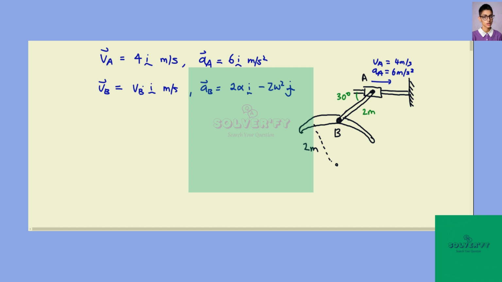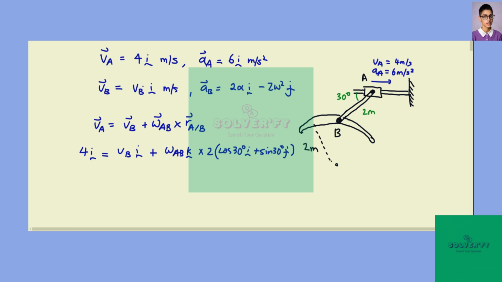Right, so let's first work on velocity. VA is equal to VB plus omega AB cross rA relative to B. So we have 4i equal to VB i plus omega AB in the k direction cross 2 times (cosine 30 degrees i plus sine 30 degrees j), which is minus i plus root 3 j.